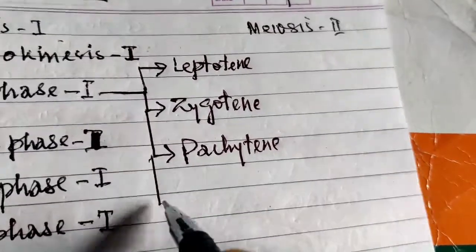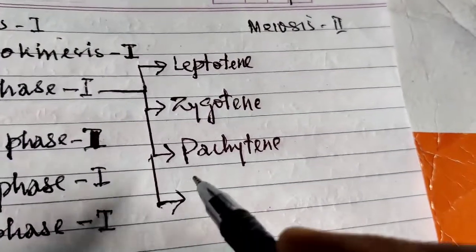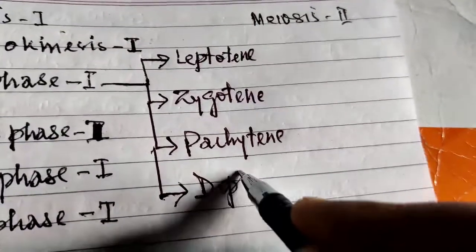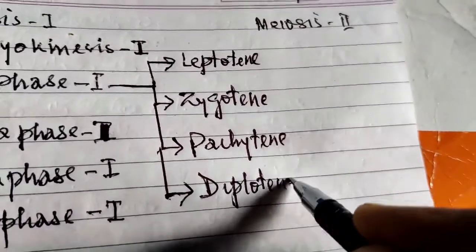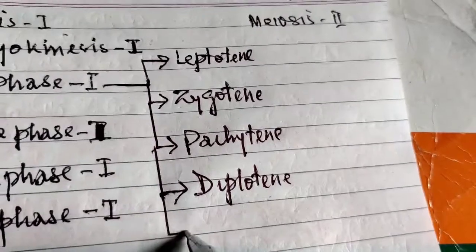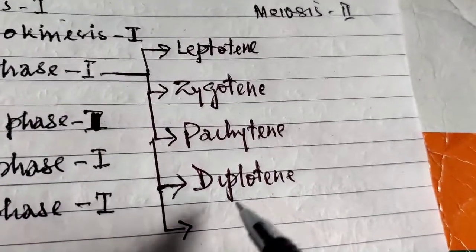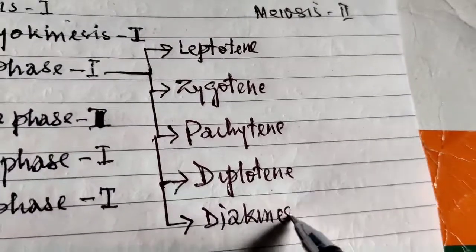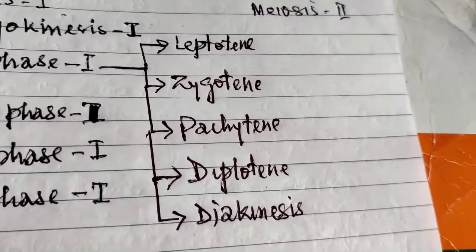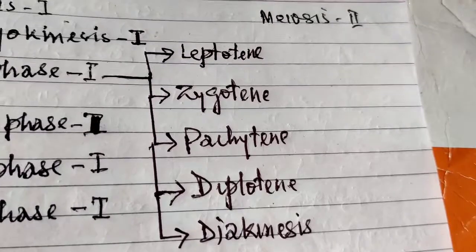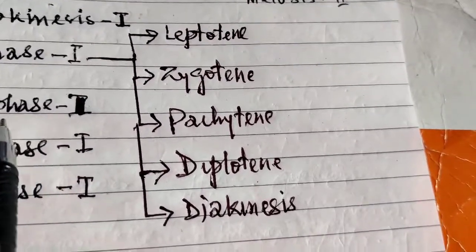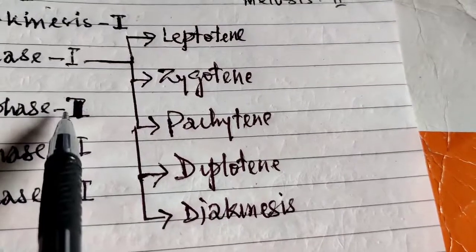It is followed by the fourth stage, which is diplotene, and diplotene is then followed by diakinesis, and it completes the prophase first, which is then followed by metaphase first.